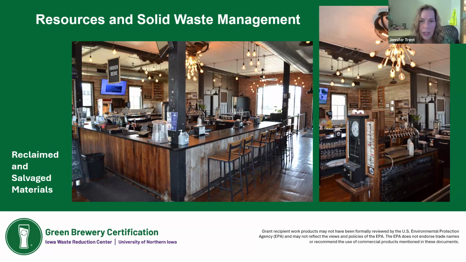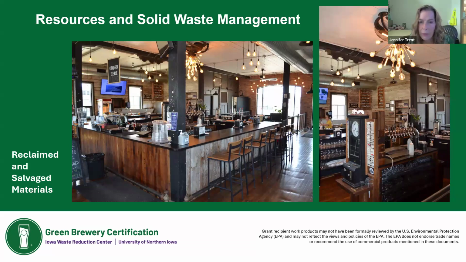As you can see in the image on the right, they took an old fan that was in the sewing factory and they turned it into a light fixture. The image on the left, the entire bar is reclaimed and salvaged materials. The wood from the bar was actually a part of the sewing factory as well.